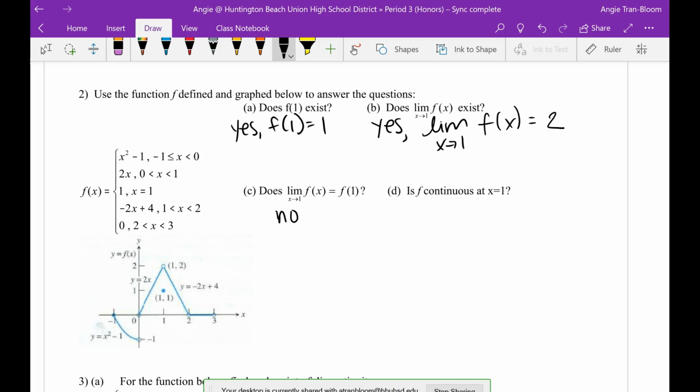D. Here we go. Natalie. Is the function continuous at x equals 1? Teamwork if you need to. Consult with your team. Talk it out. Verbalize it.